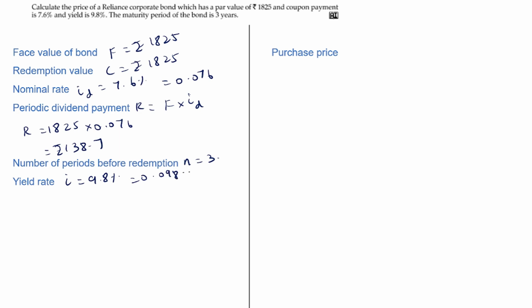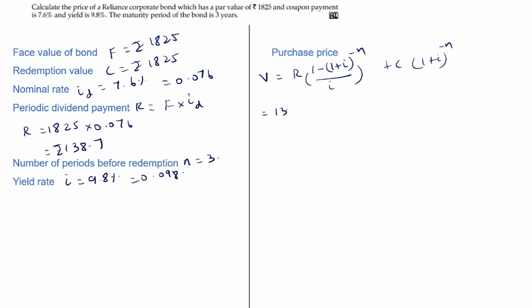Now the purchase price V is given by R into 1 minus (1 plus i) the whole raised to minus n upon i, plus C into (1 plus i) the whole raised to minus n.